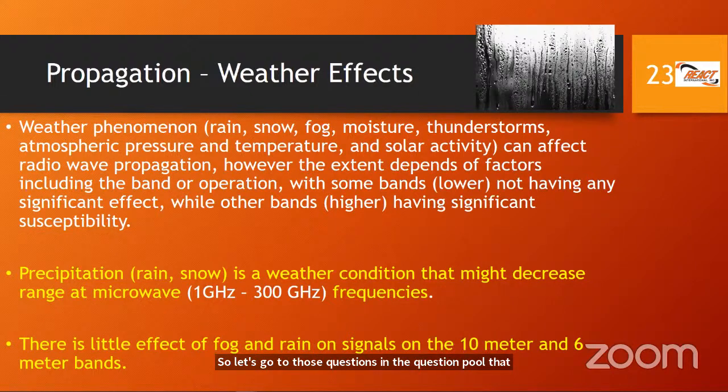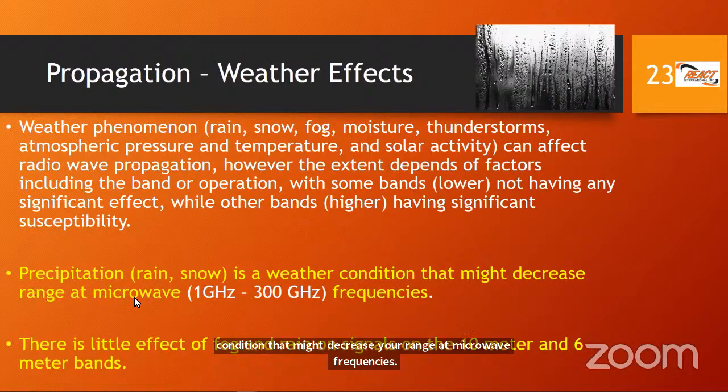So they want us to know that precipitation, now when we talk about precipitation it just means rain or snow, right? That's what precipitation is, a weather condition that might decrease your range at microwave frequencies. So you see, they're trying to tie us up here.